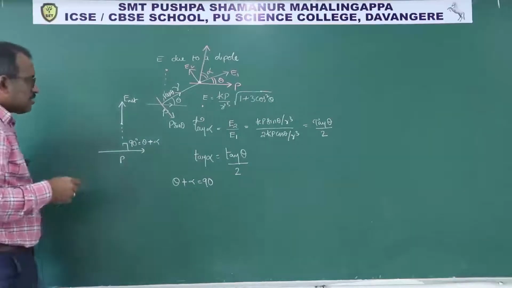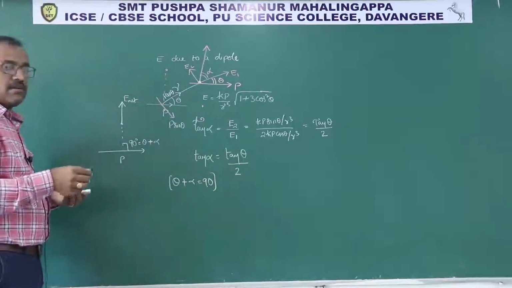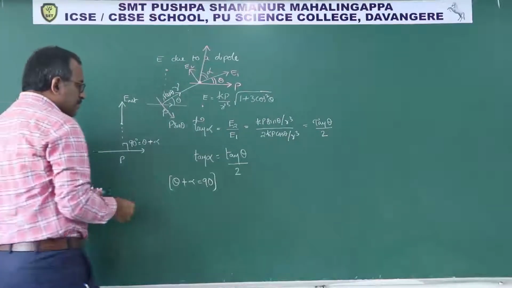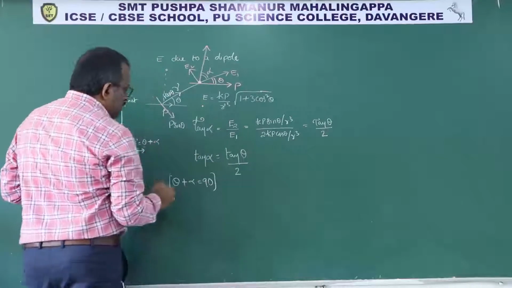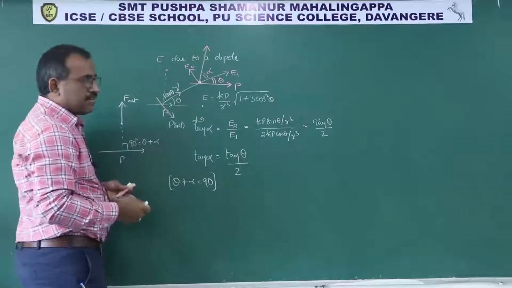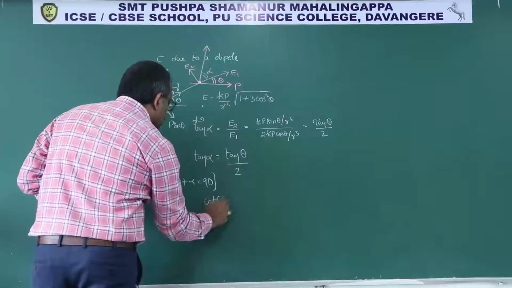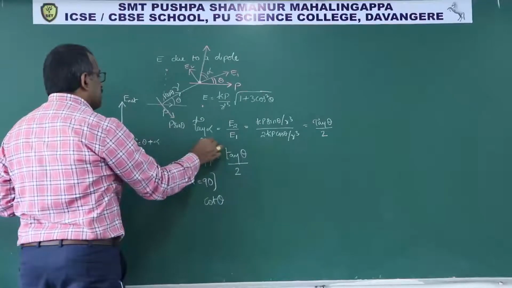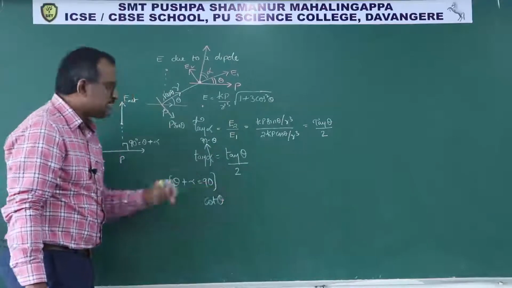Clear? Now it is crystal clear. Listen carefully. If I substitute alpha as 90 minus theta, then tan alpha will become cot theta.